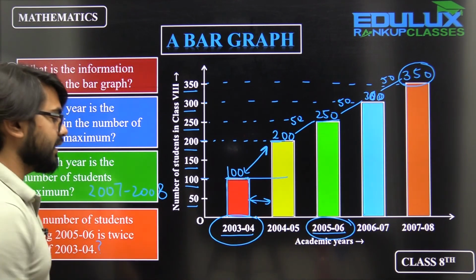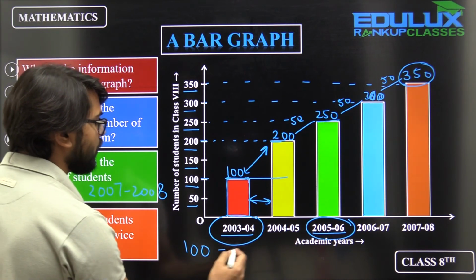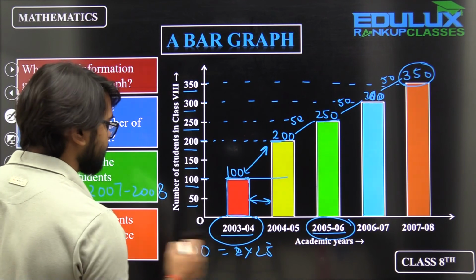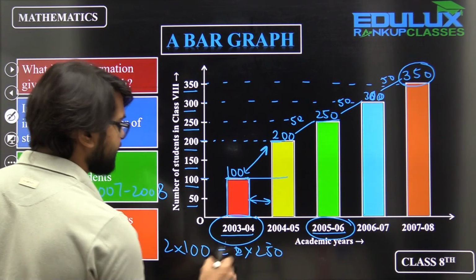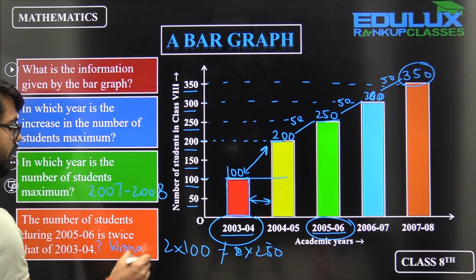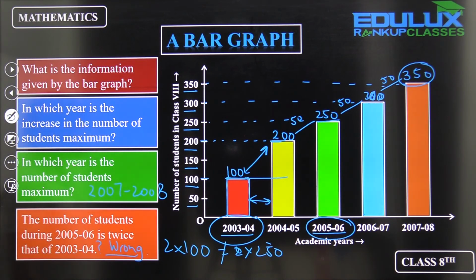As you can see, 250 is not twice of 100. So we can say this information is wrong.